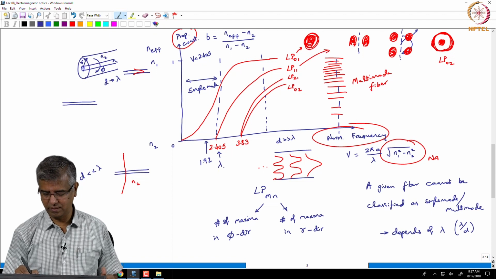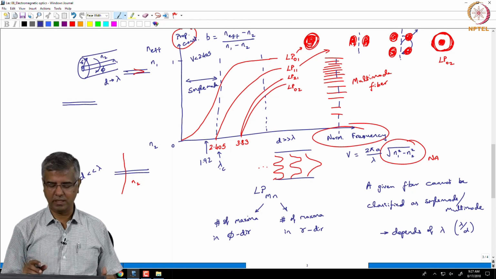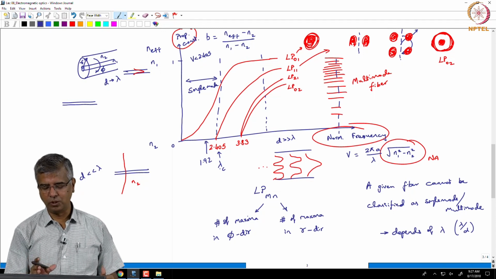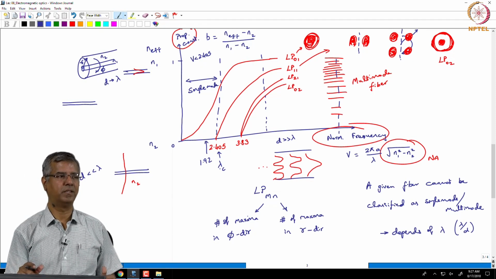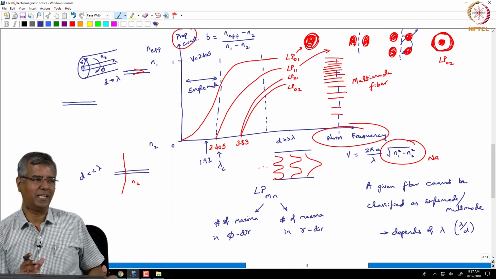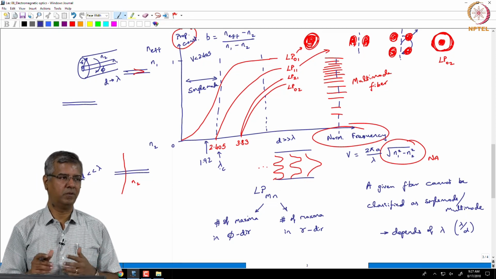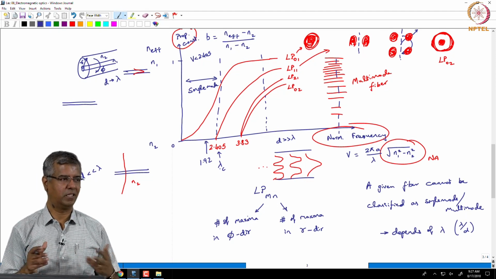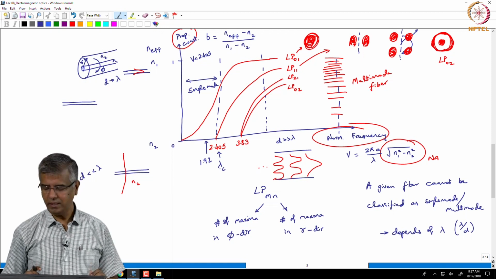So this is where lambda c is, the lambda which for a given fiber gives you 2.405. So if you go to higher V number, you have the possibility of the next mode also showing up, which is what we are calling a slightly multimode fiber. But if you have lower V number, which corresponds to longer wavelength than the cutoff wavelength, then you can be sure you are working in the single mode regime. Okay.